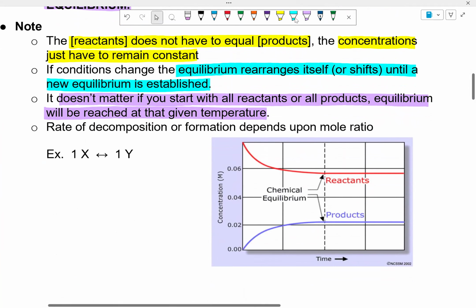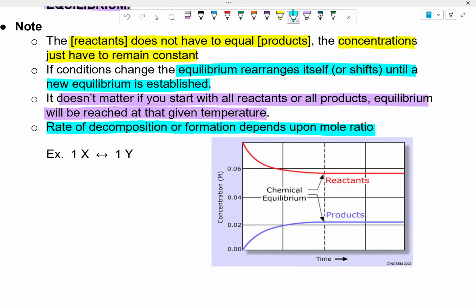Now, one other thing is that the rate of decomposition or formation depends upon the mole ratio. Let's say, for example, here, you notice in this particular equation, I have 1X in equilibrium with 1Y. So notice in this case, the mole ratio is the same.